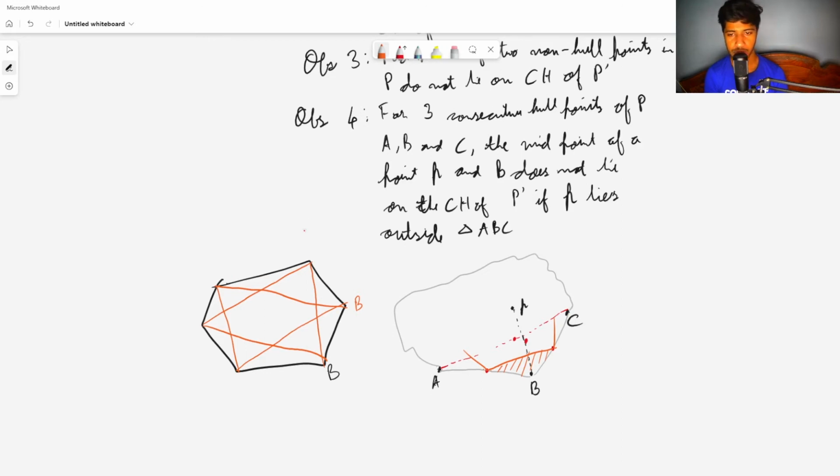So how many triangles can there be? It's difficult, you might lose track of which are the triangles, right? So I'll just try to shade them. This is one triangle, this is one triangle, this is one triangle, this is one triangle.